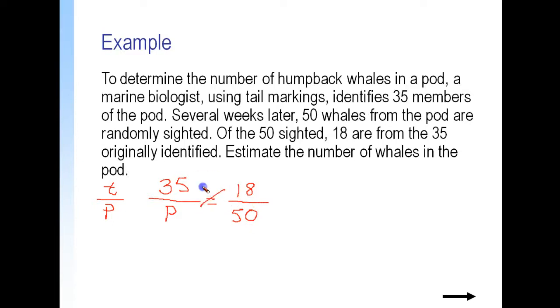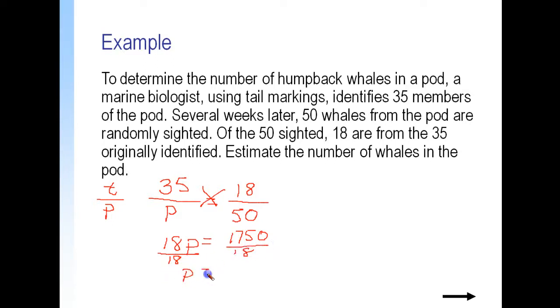We're going to cross multiply, and we get 18p equals, use my calculator again here, 50 times 35 gives me 1750. I'm going to divide both sides now by my 18.